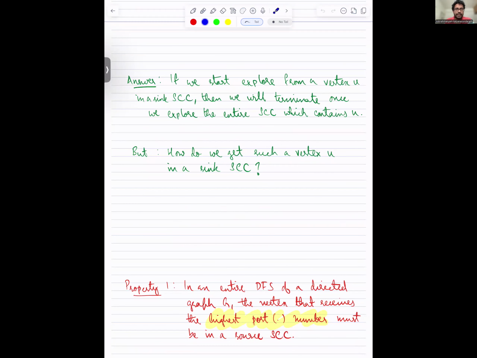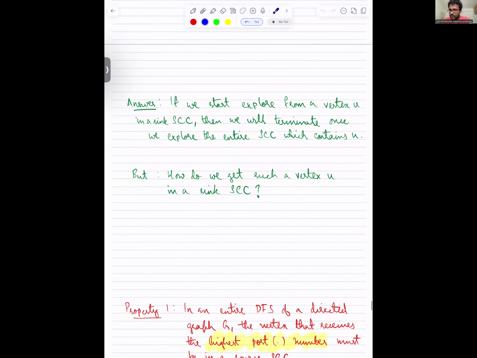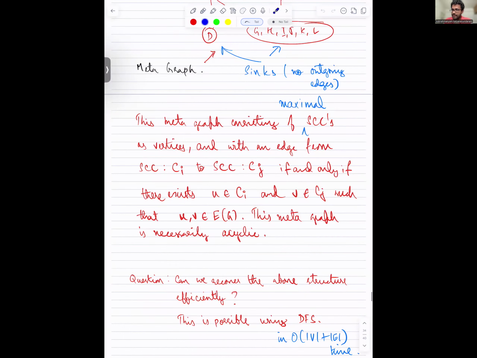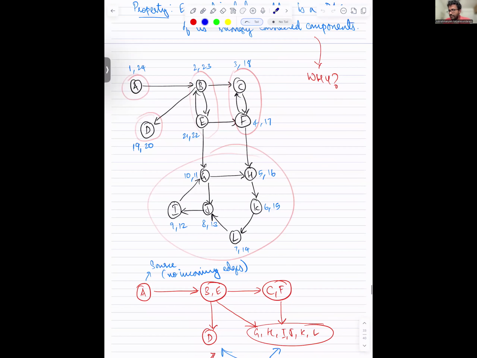Since everything so far is based on depth first search, we can use depth first search itself to get such a vertex. It is not that convenient to find a vertex in a sink strongly connected component, but you can do something else: you can find a vertex in a source strongly connected component.